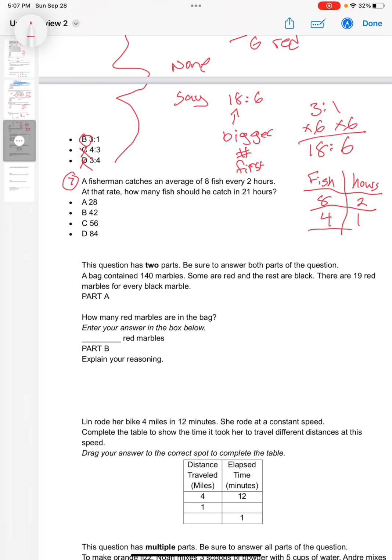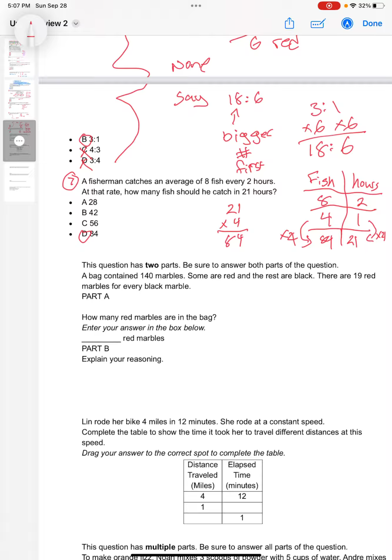Well, now, to get from 1 to 21, I multiply by 21. 21 times 4 is 84. And so, choice D.